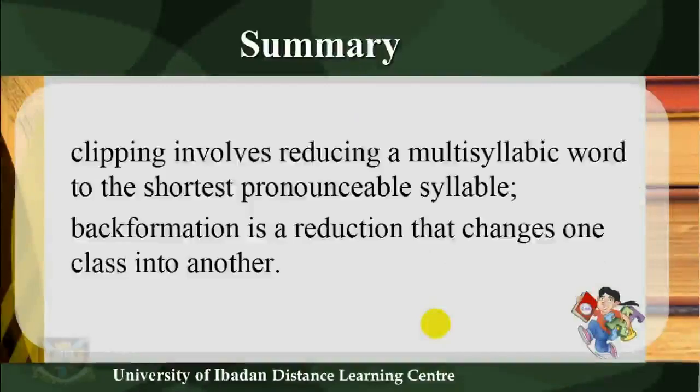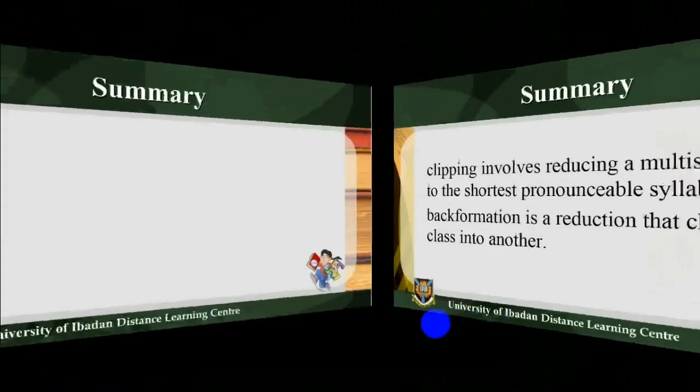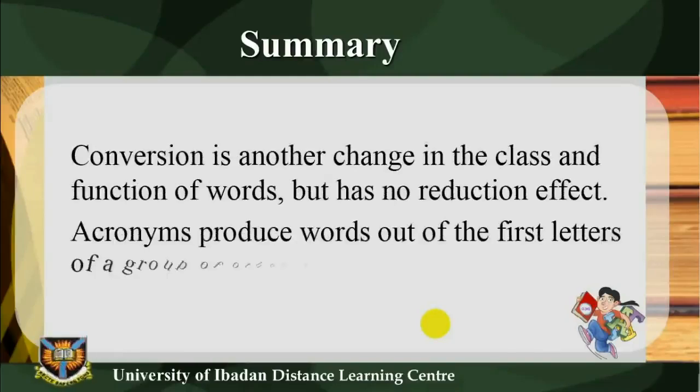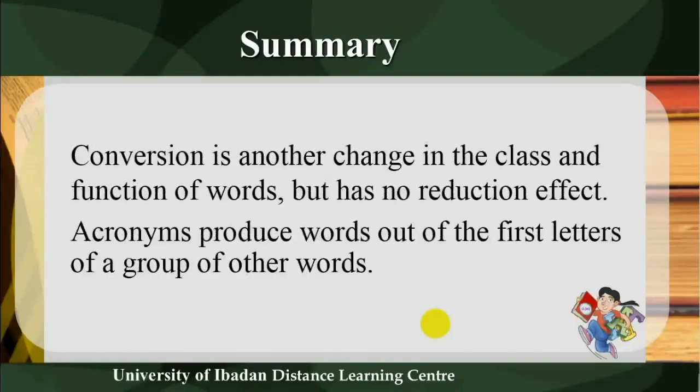Clipping involves reducing a multisyllabic word to the shortest pronounceable syllable. Back formation is a reduction that changes one class into another. Conversion is another change in the class and function of words, but has no reduction effect. Acronyms produce words out of the first letters of a group of other words.